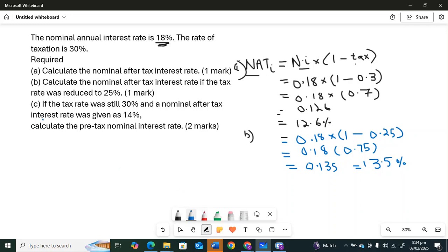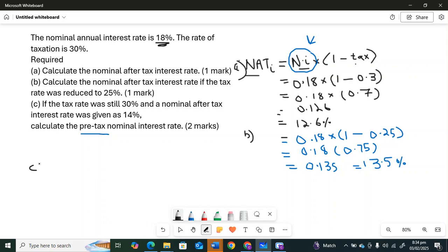Okay. Part C. If the tax rate was still 30% and the nominal after-tax interest rate was 14%, calculate the pre-tax nominal interest rate. Basically, we have to calculate our nominal interest rate where tax hasn't been applied. All right. So we have to make NI the subject of the formula here.